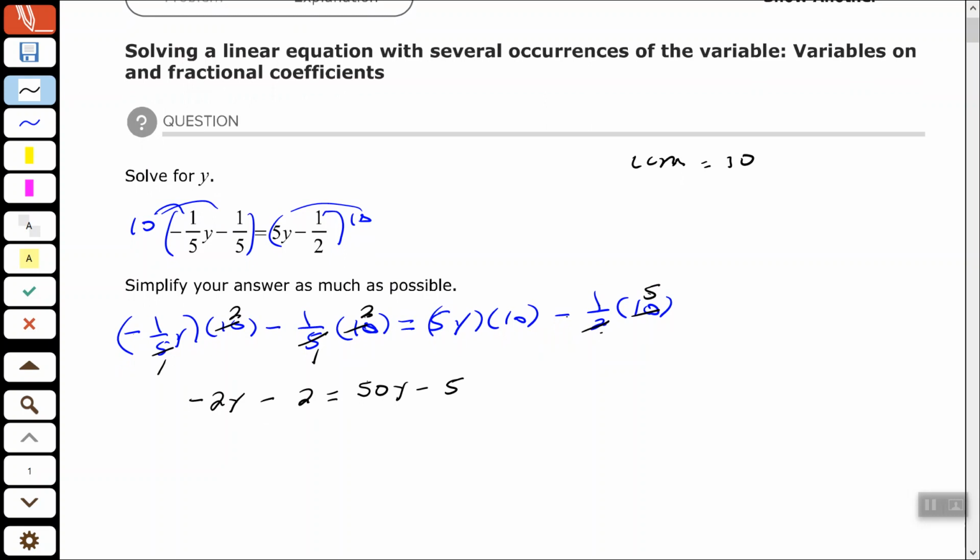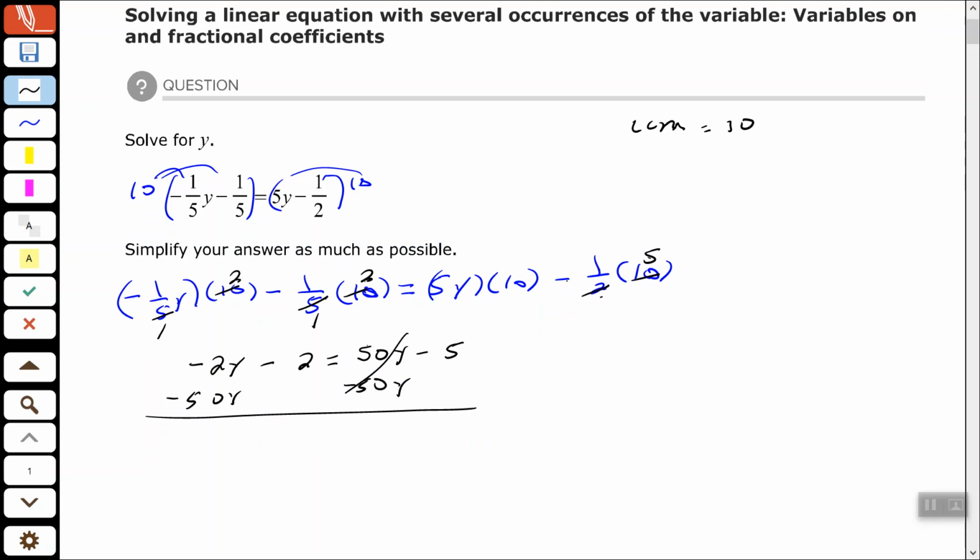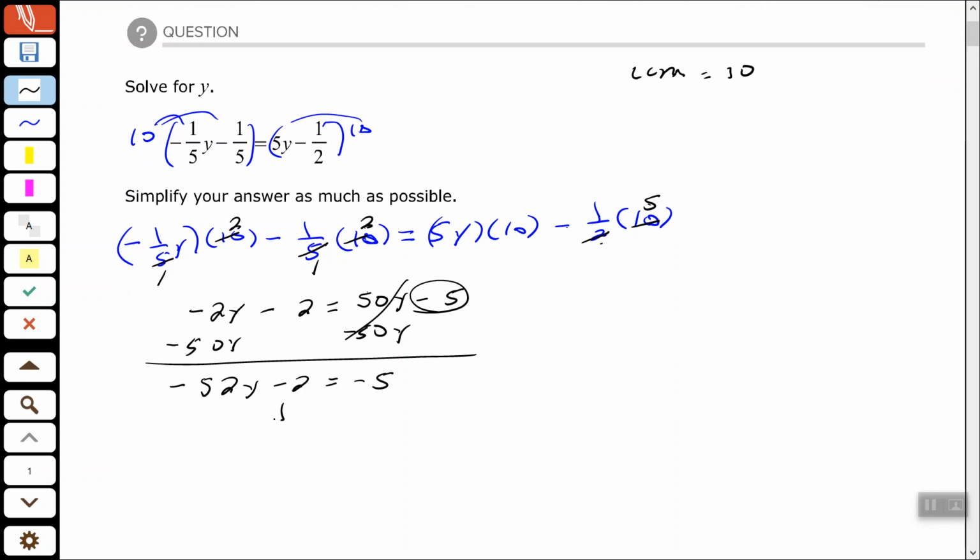I will get my variable terms on one side by subtracting 50y from each side. So negative 2y minus 50y is negative 52y. And we keep that negative over there, so equals negative 5. Then I will add 2 to both sides to get the numbers without variables on the opposite side of the equal sign.